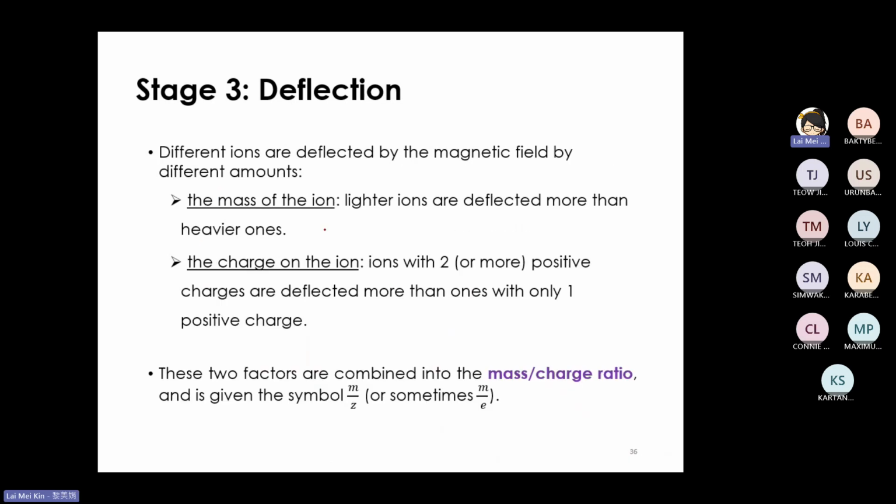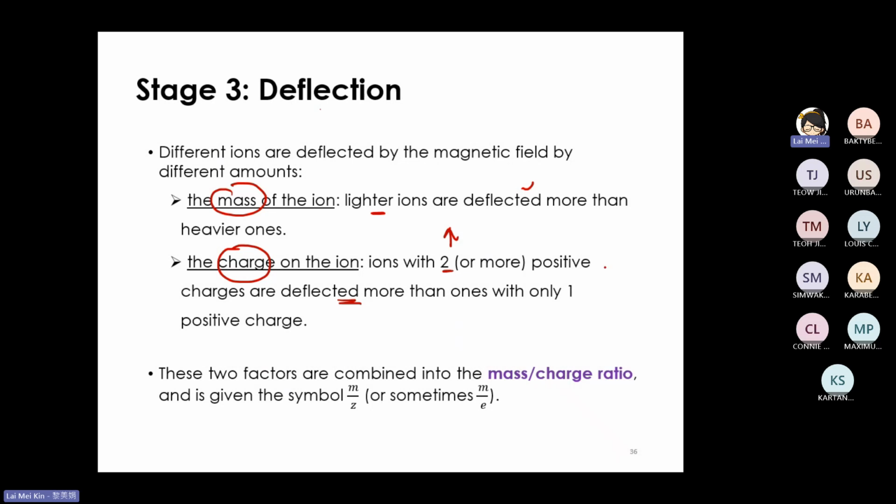Deflection depends on the mass and the charge. The lighter my mass, the more deflected. If the charge is 2, the higher the charge, of course, the more they are deflected.